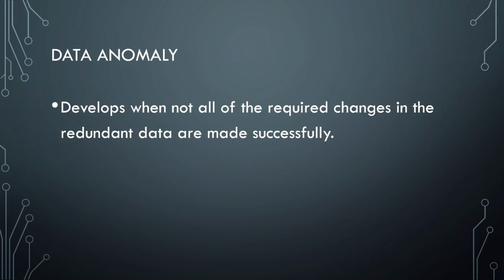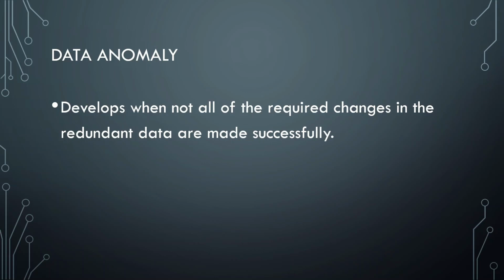A data anomaly usually results if you're trying to change data that has already been made redundant, meaning data that has been repeated in different areas. It develops whenever someone is trying to make changes and they do not do it in the correct manner.